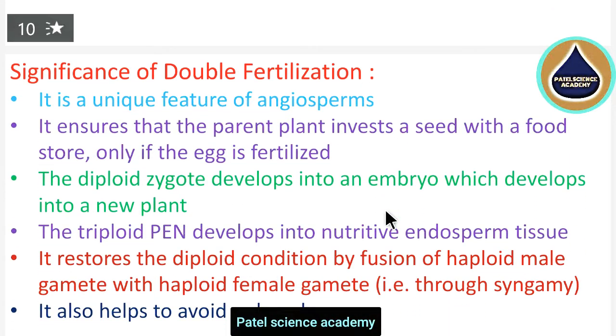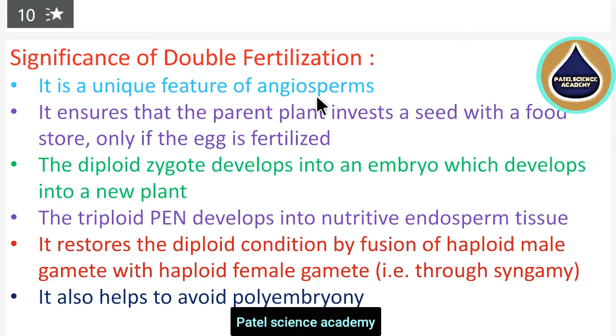I hope you have understood that double fertilization includes the first fusion of a male gamete with the female gamete to form the diploid zygote, and the second fertilization, the fusion of the second male gamete and the secondary nucleus, for the formation of the PEN, the primary endospermic nucleus, which is triploid, 3N.